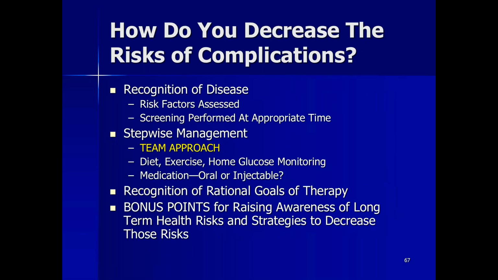So to summarize, first you have to recognize the disease, assessing the risk factors for it. You have to screen at the appropriate time. We managed to cover those topics in the prior lecture. Team approach is key. Diet, exercise, and home glucose monitoring is started for everyone and is the hallmark and the linchpin of effective therapy. Very important to manage those things because you can give all the medication in the world.